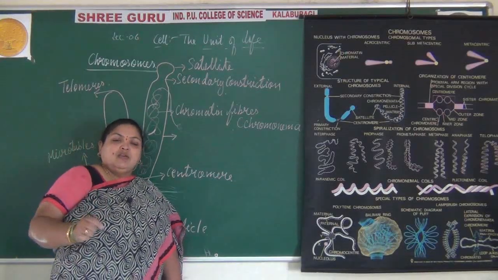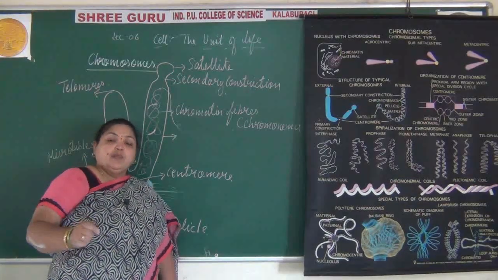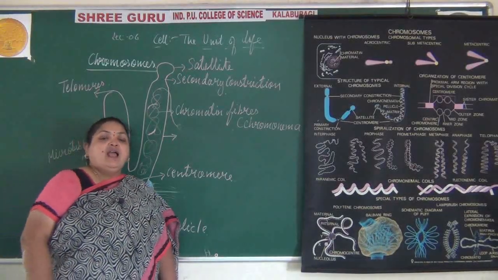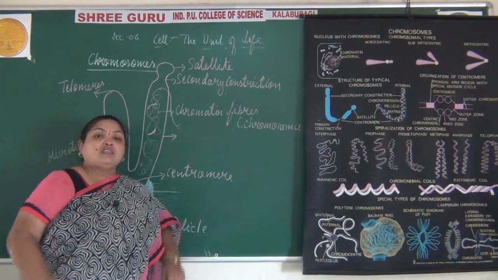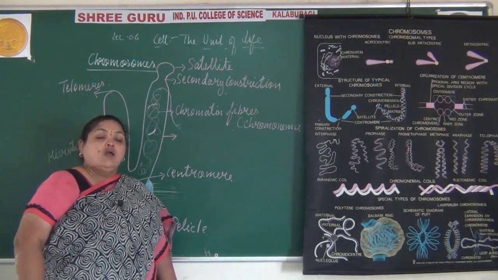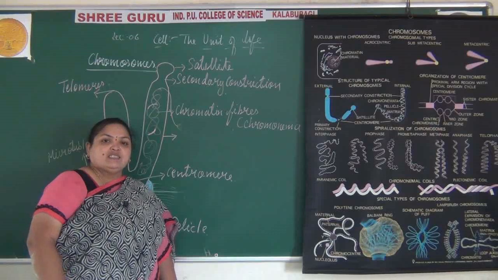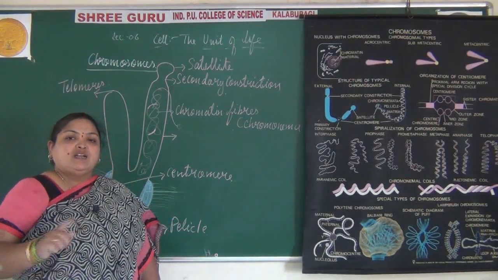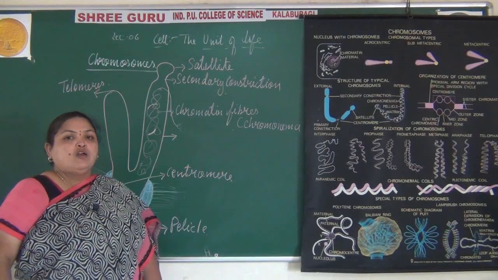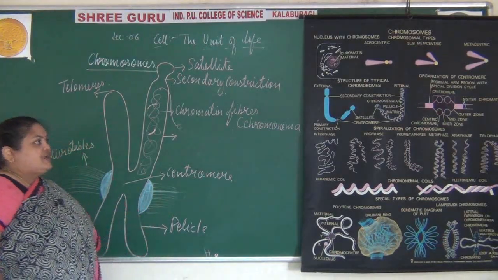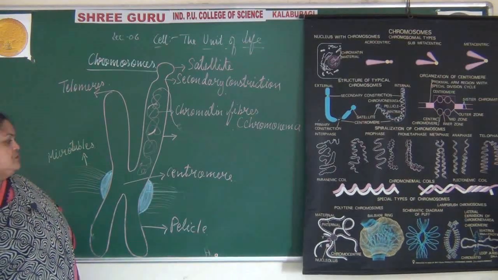So, telomere is very stable, but when it is damaged, it becomes unstable and can allow the mixing or fusion of the chromosomes. In other words, telomeres prevent the fusion of the chromosomes with each other. So, this is the structure of the chromosomes.